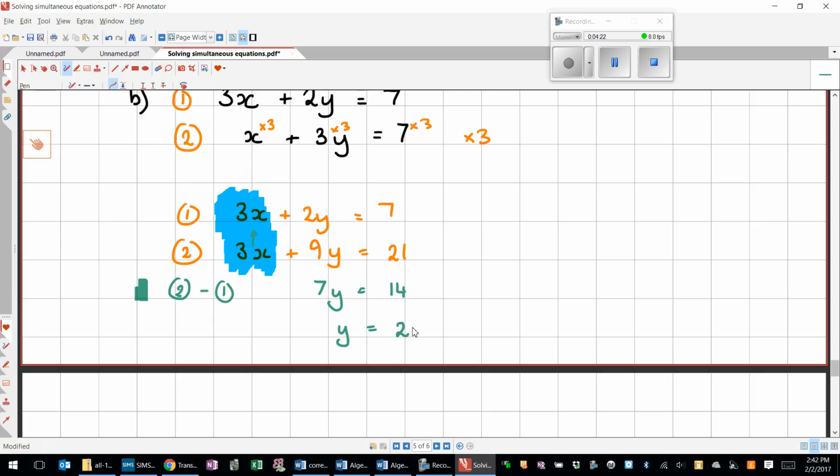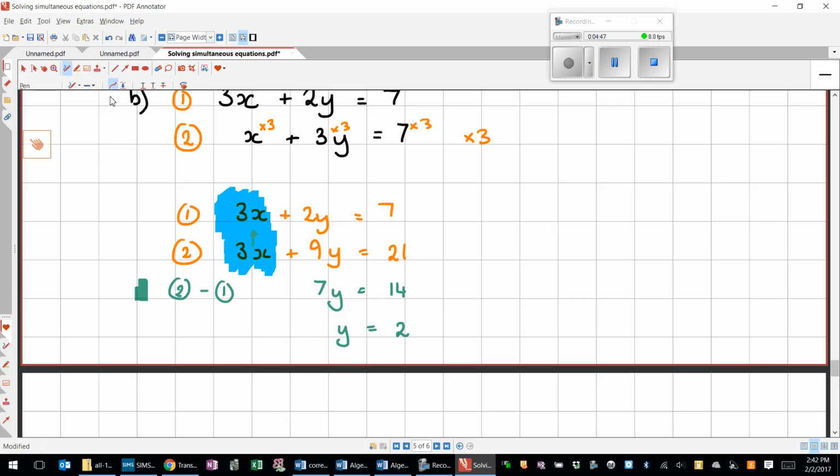I'm not going to bother putting the y in to find the x with you, because you know how to do that, unless anyone particularly wants me to do it. No? Okay with that? So that's an example where you only have to multiply one of them. Any questions on that?